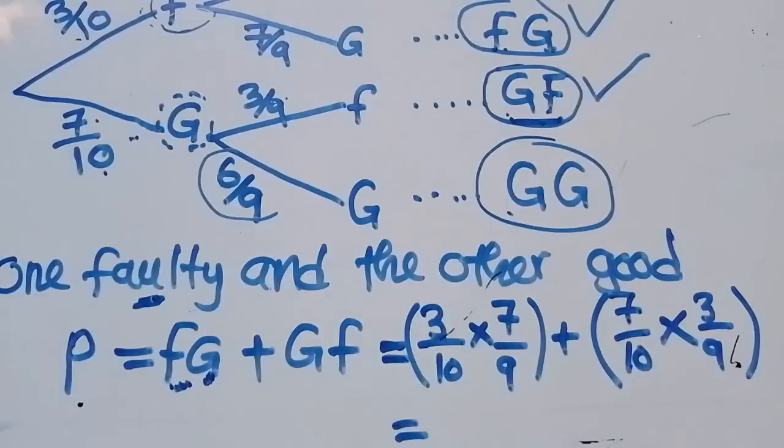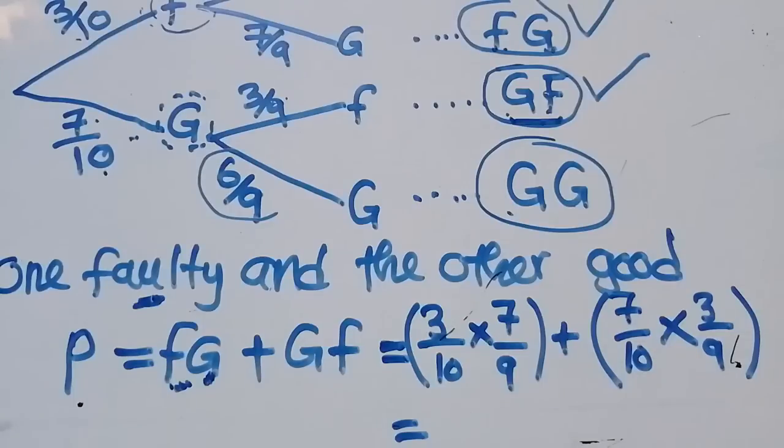I'm going to say open bracket 3 over 10 times 7 over 9, close. Then I say plus, open bracket 7 over 10 times 3 over 9. What answer am I going to get?